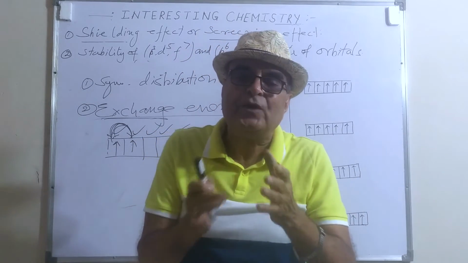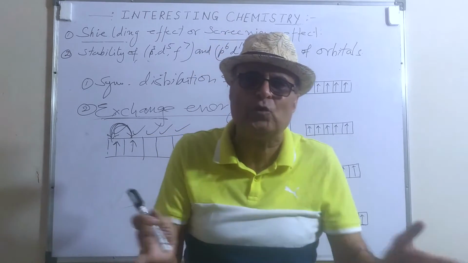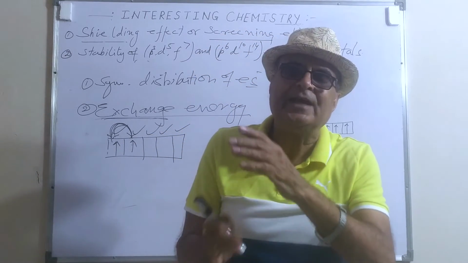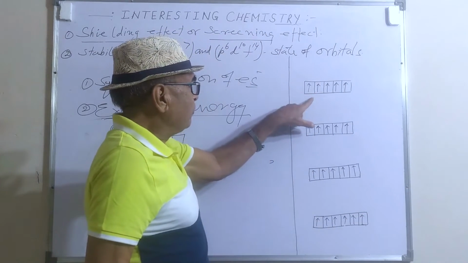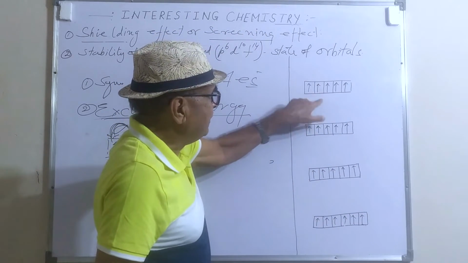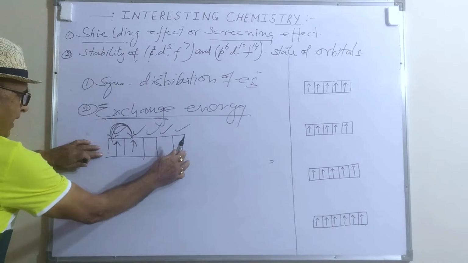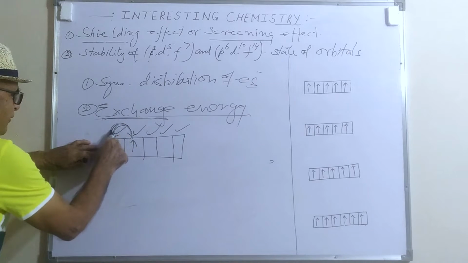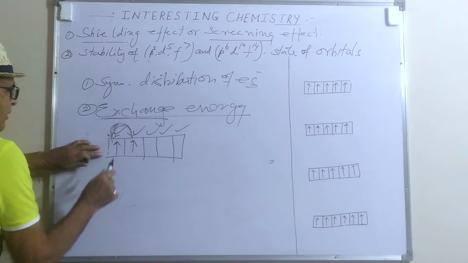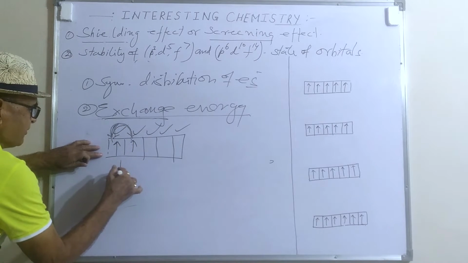Now think, where do you find the maximum energy reduced by the exchange of electrons? In the half-filled or the full-filled orbitals. Suppose it is partially filled, there are only two possibilities, so only one exchange is there.